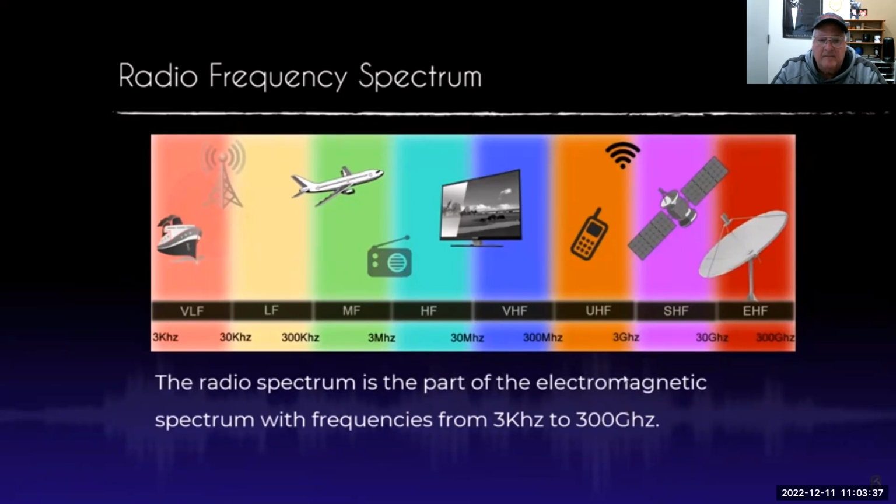So this spectrum is divided into further bands, starting from very low frequency, which is VLF, then there is LF, MF, HF, and so on. So this is a radio frequency spectrum, and you can see almost all the things starting from submarines to radio stations, satellites, telephones, Wi-Fi lies between this spectrum. So we are going to discuss a little bit about this spectrum.